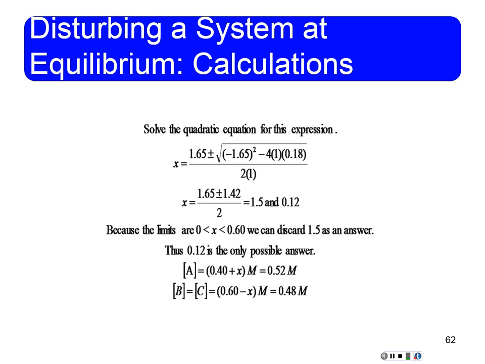Okay, then we just plug in that 0.12. We started with 0.4 plus 0.12, and then B and C were equal, so we subtracted 0.12. So the new equilibrium concentrations are now this. We were given equilibrium concentrations to begin with to find Kc. In this specific case, we were just given the same number.